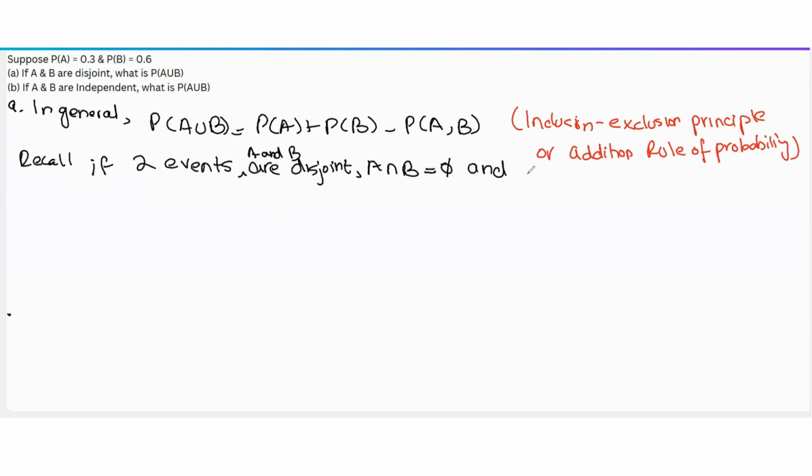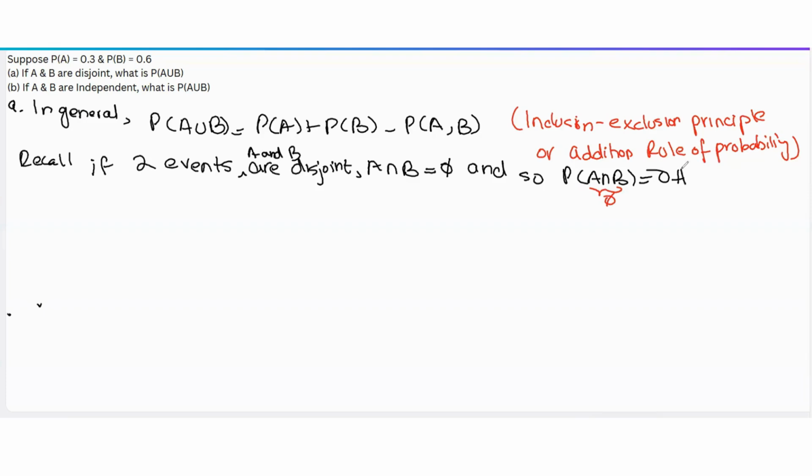And so the probability of A intersection B is going to be equal to 0, because the probability of the null set is just 0.